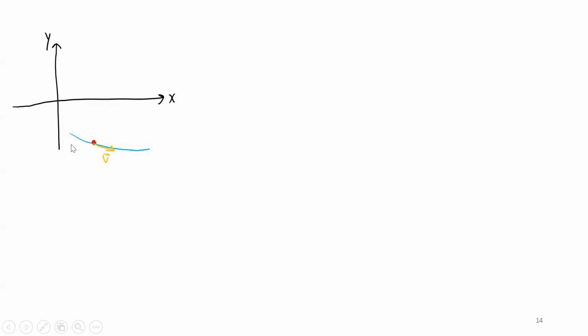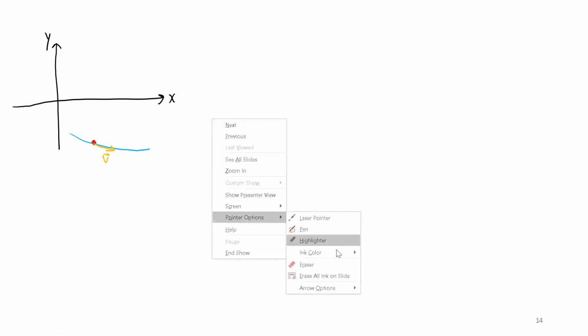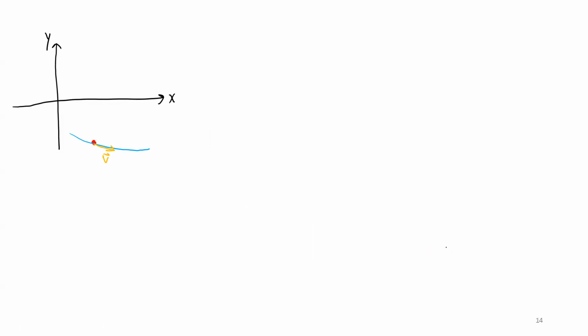Now, if we use the Cartesian coordinate system, we can just decompose it into the x component and the y component. So I have this component along the x direction, and the other one along the y direction.